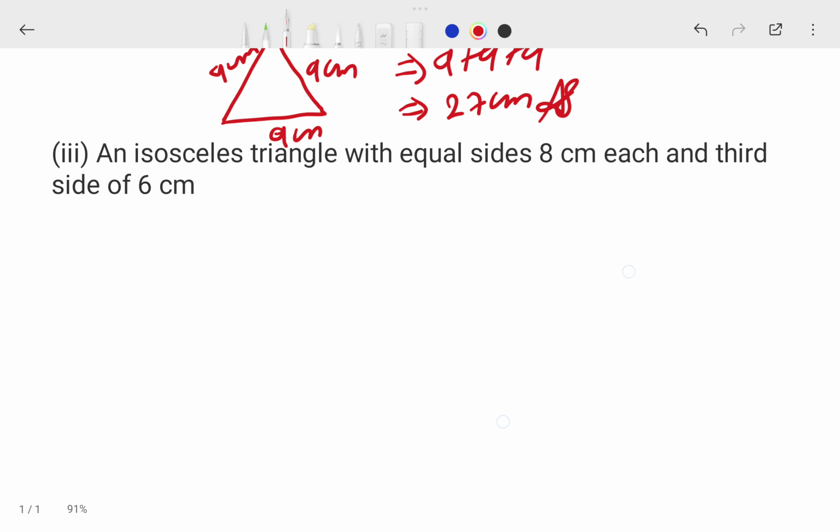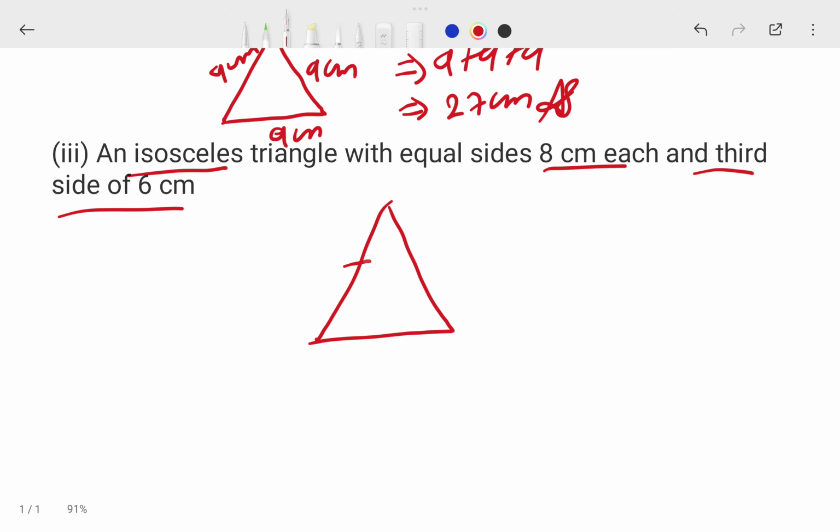An isosceles triangle with equal sides 8 centimeter each, and the third side is 6 centimeter. So it is telling isosceles. In an isosceles triangle, what will happen? In an isosceles triangle, two sides are equal. In an equilateral triangle all sides are equal, but in an isosceles triangle only two sides are equal.